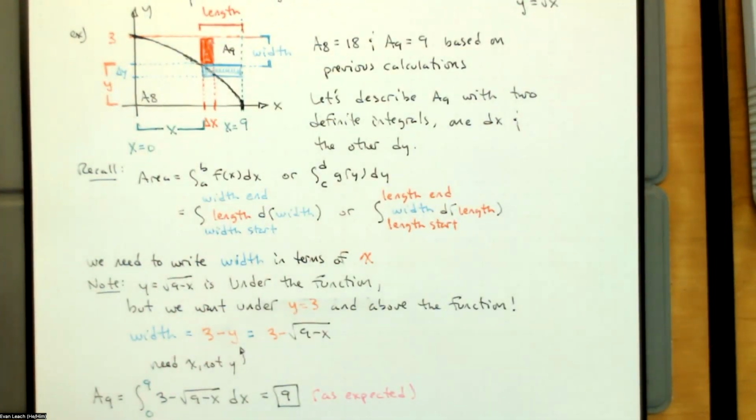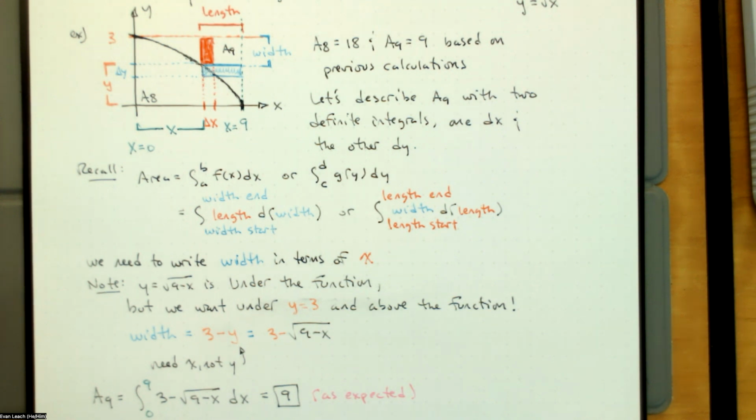So now we're going to be thinking of integrating the length dy instead of integrating the width dx, or integrating the length delta width instead of thinking integrating the width delta length. Any questions?